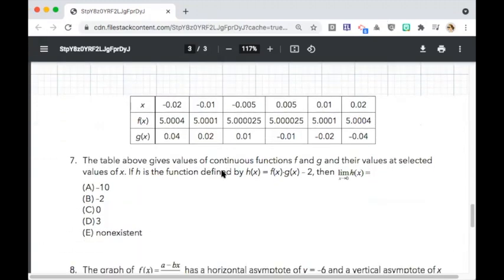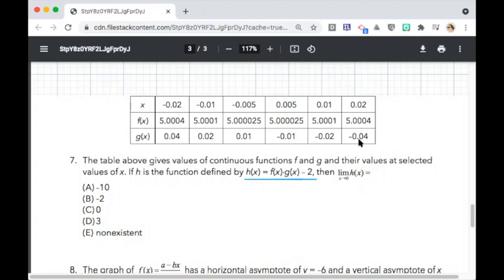All right, the table above shows values of continuous functions f and g and their values at the selected values of x. It says if h is a continuous function defined by this, then the limit as x approaches 0 for h of x equals what? Whenever we're looking at this, we need to find out the limit for each of these functions.